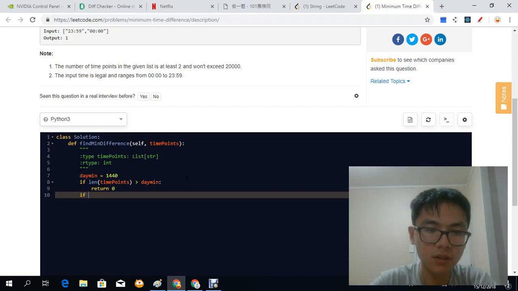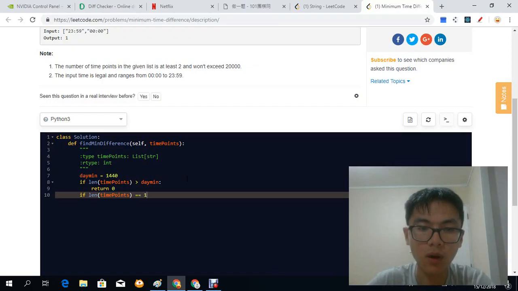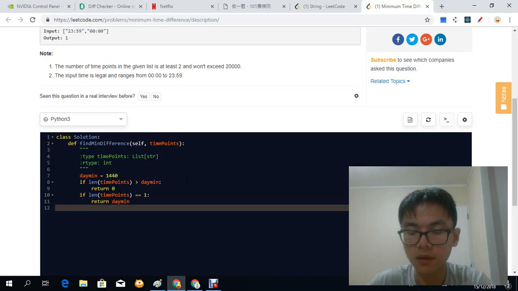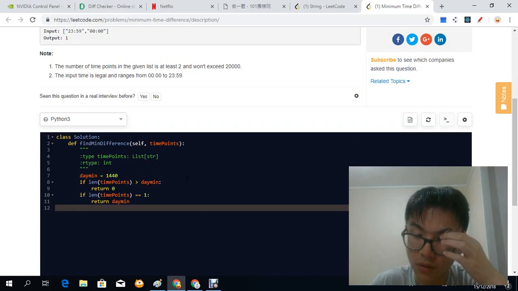And there's another problem: if the length of the time points is 1, then there's only one time point, therefore we return day minutes since there's no other time point.